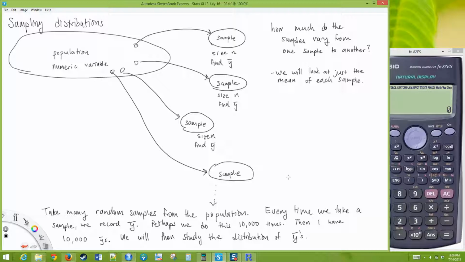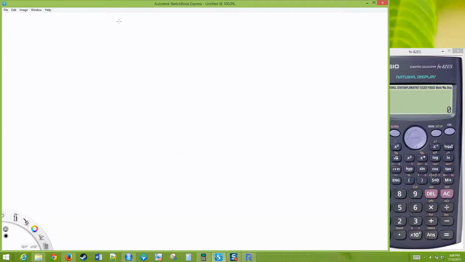Okay? So formally we are talking about sampling distributions of the sample mean Y bar.